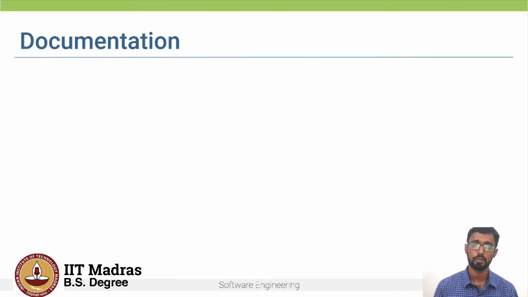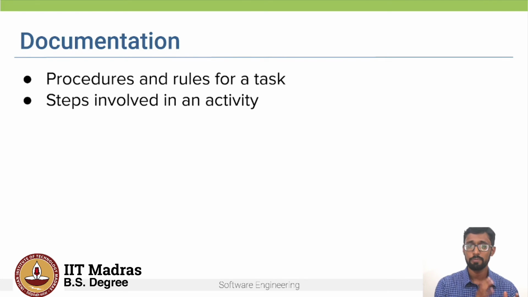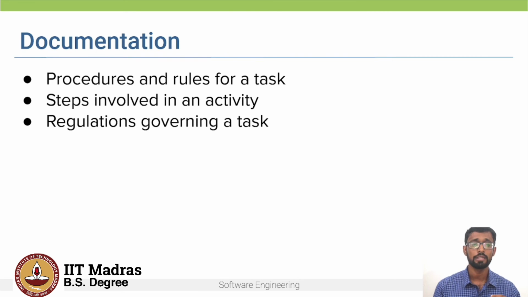Another type of requirement gathering technique is documentation. There are places which have several procedures and rules for doing a particular task. And these might be written down in manuals or documents, or there might be steps involved in performing an activity, or there might be regulations governing a task.